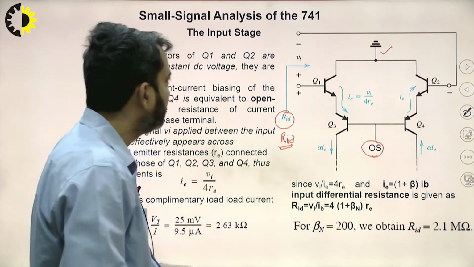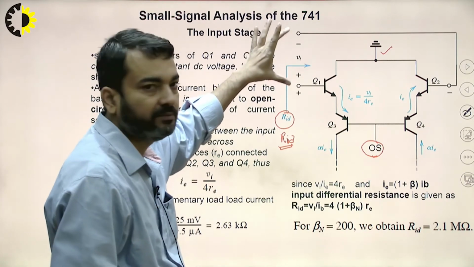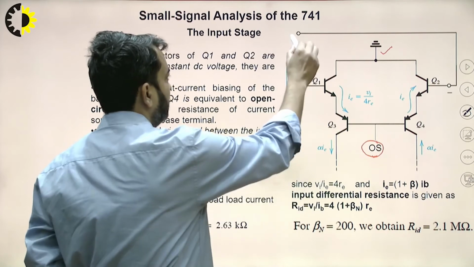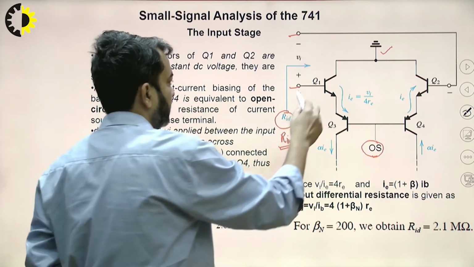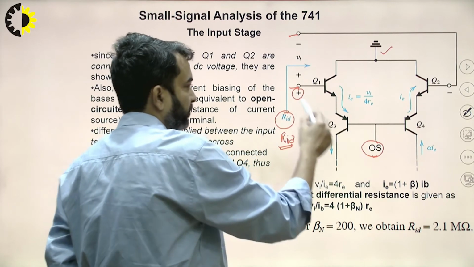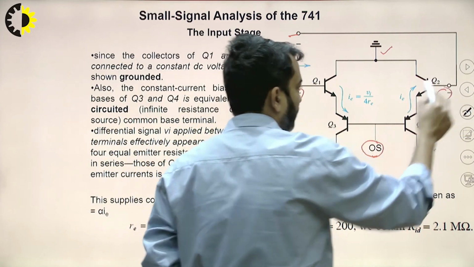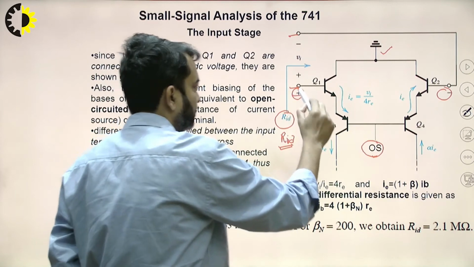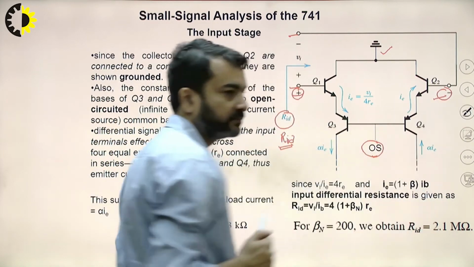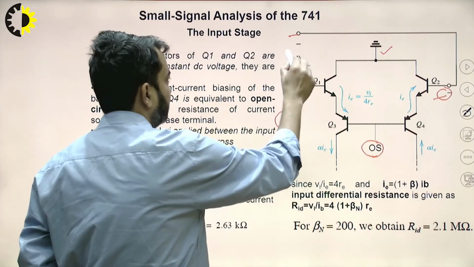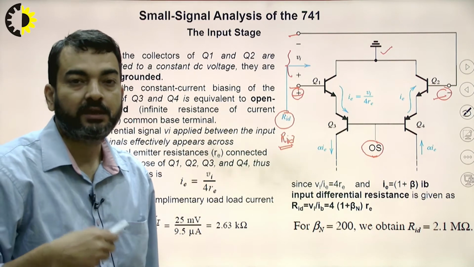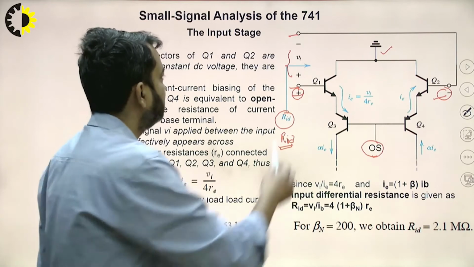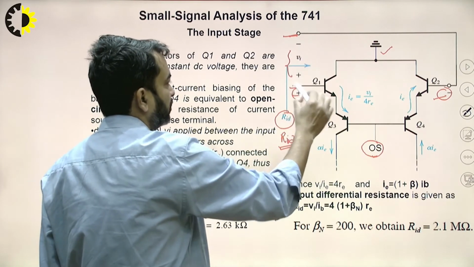This is nothing but the effective impedance if we are looking between the two input terminals. We have designated this as input 1 and this as input 2 of the op-amp, this is the positive terminal, this is the negative terminal, and we have applied some differential signal, let's say Vi. What is the net effective impedance if we look into these two terminals?